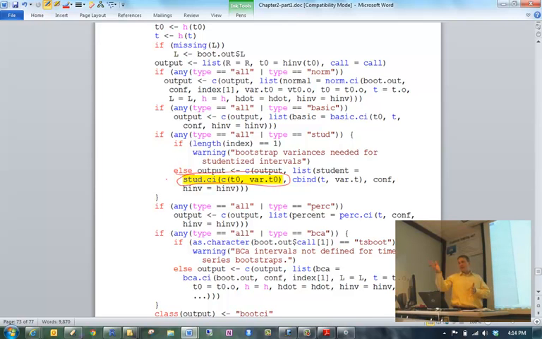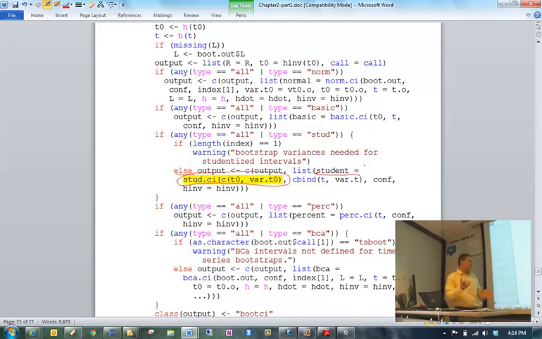So you look throughout this code for boot.ci, and you don't see anything that says where the student's confidence interval is being calculated. Now, I hypothesize that most likely it's calculated right here, because you have something called student equal stud.ci, and then some stuff inside it. It makes sense that's where it would be.